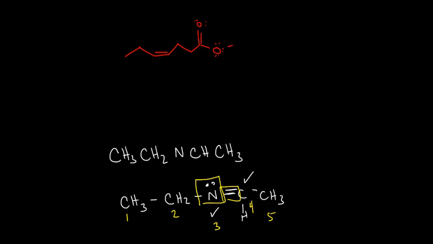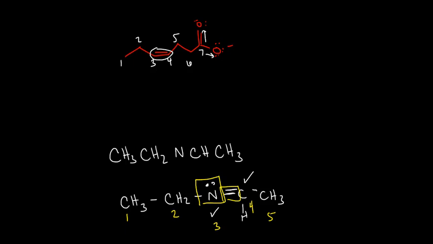What we can recognize here is that we have 1, 2, 3, 4, 5, 6, 7 carbons. Attached to carbon 7 are 2 heteroatoms, 2 oxygens. And between carbon 3 and carbon 4, we have a double bond.